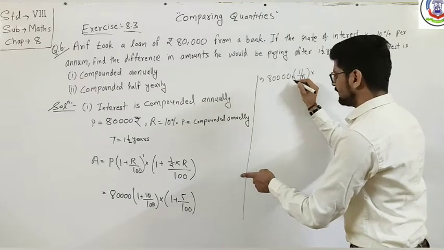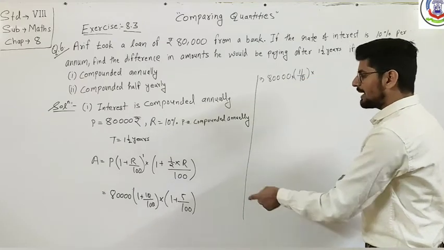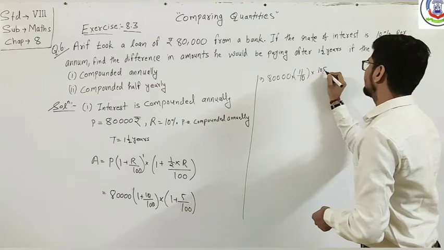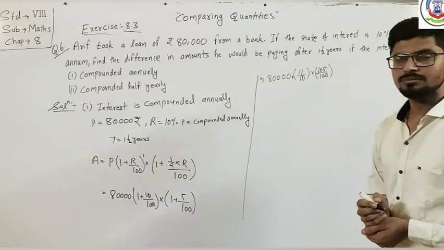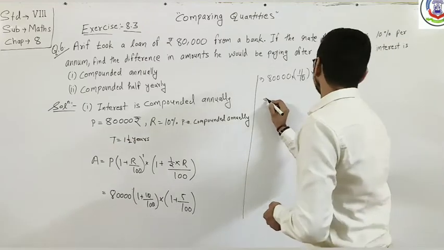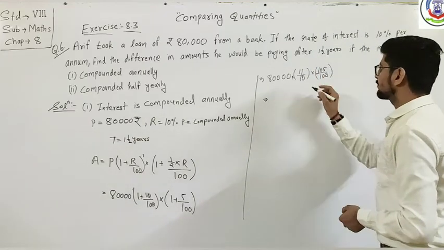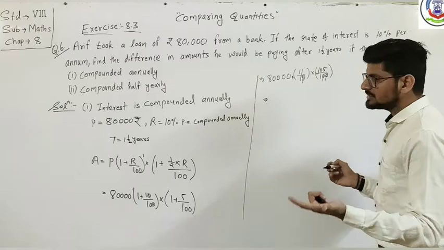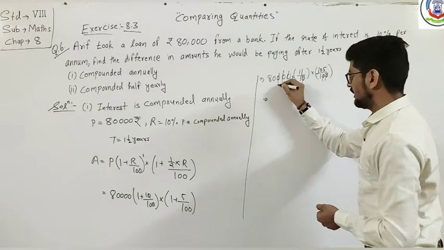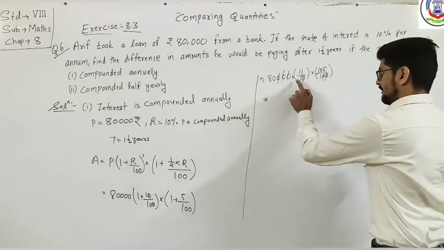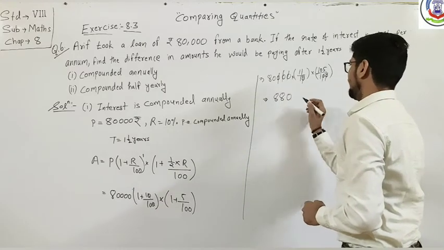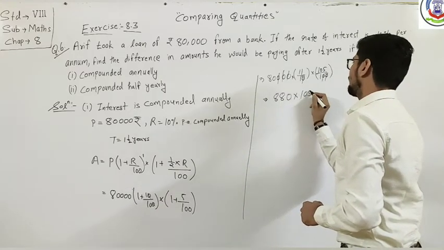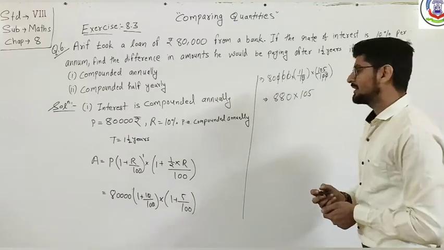And multiply 1 plus 5 by 100 that is 105 by 100. ओके, जो कैंसिल होता है उसको हम कैंसिल कर देते हैं. 1 2 and 3 zeros, 1 and 3 zeros. 11 multiply 80 that is 880 multiply 105.